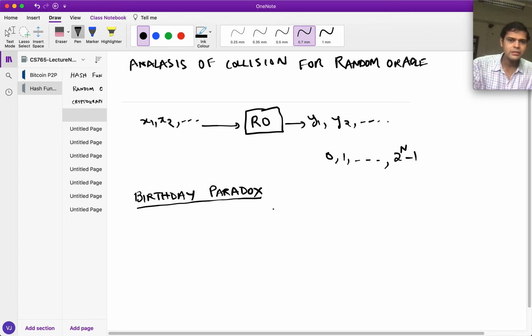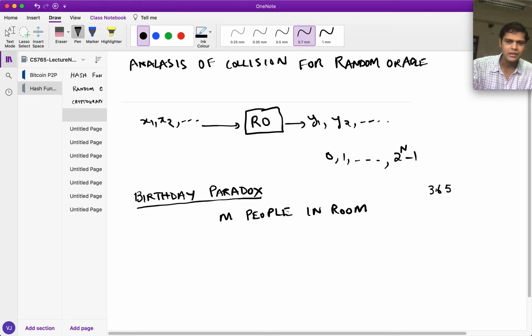So what is the birthday paradox? It says that if you have, let's say, m people in a room, what is the probability that 2 of them will have the same birthday? Right? So now of course the space is not 2 to the power of n minus 1, it's 365. We have 365 days.